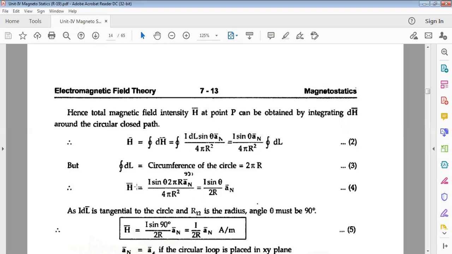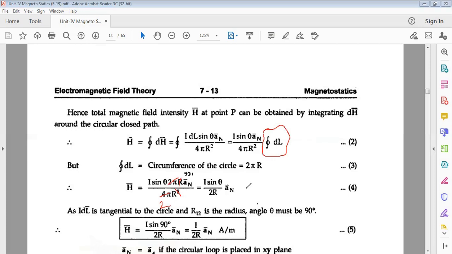You can substitute to find the magnetic field intensity: H bar is I sine theta times 2 pi r a n bar by 4 pi r square. 2 pi and 4 pi cancel, giving 2, and r and r cancel. So H bar is equal to I sine theta by 2r.